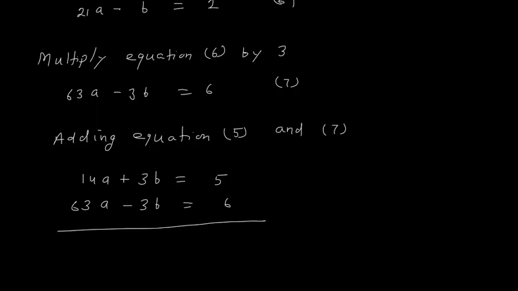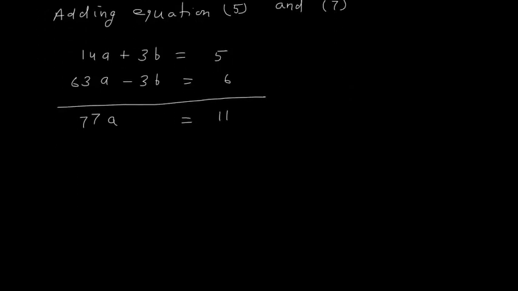So when we add, we get 14 plus 63, 77a is equals to, we add here 6 plus 5, 11. So therefore we get a is equals to 11 upon 77 is equals to 1 upon 7.